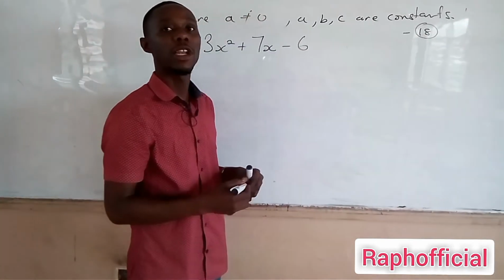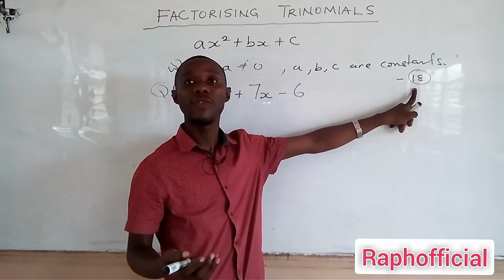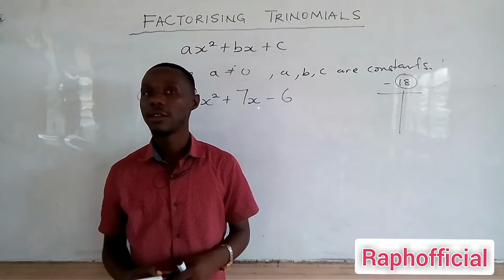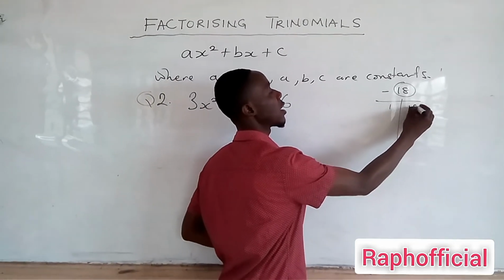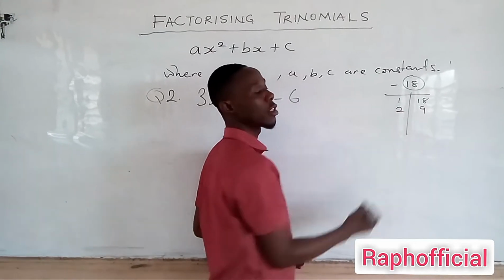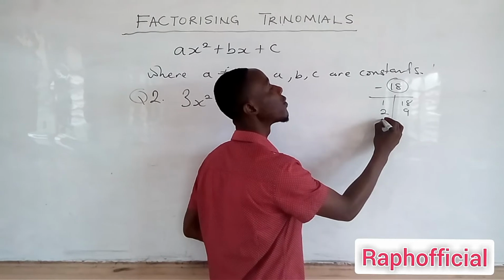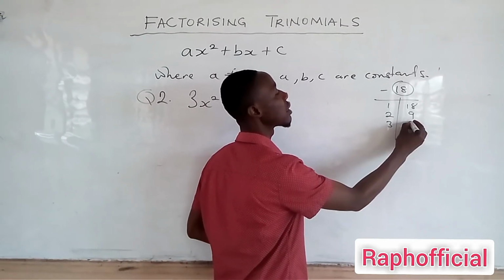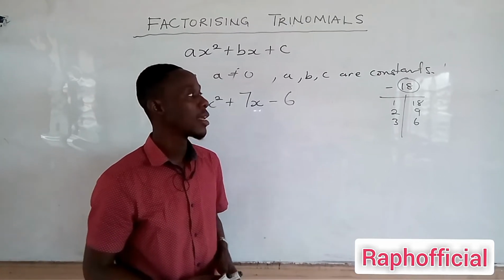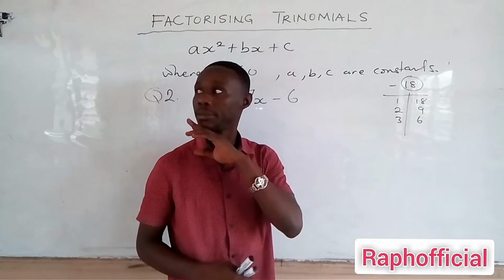But for the negative 18, we take only the 18 and find the factors. Finding the factors of 18: 1 times 18, 2 times 9, 3 times 6. So these are the factors of 18 in order.